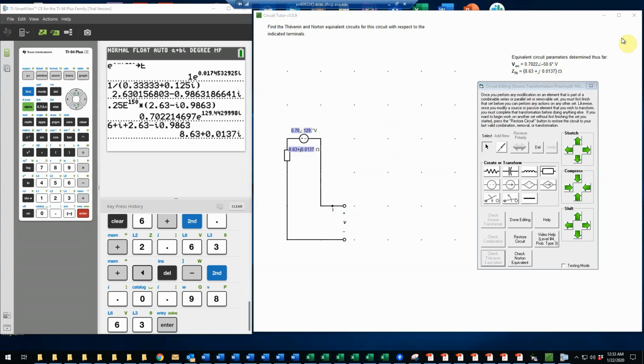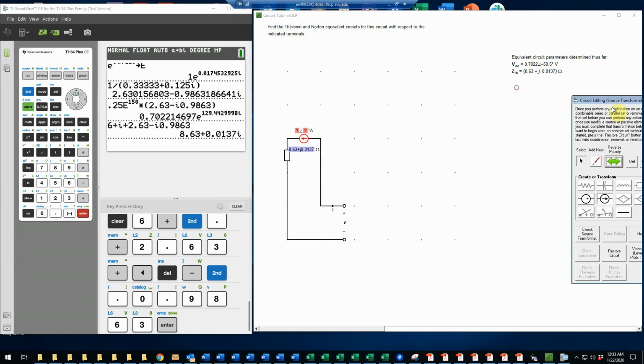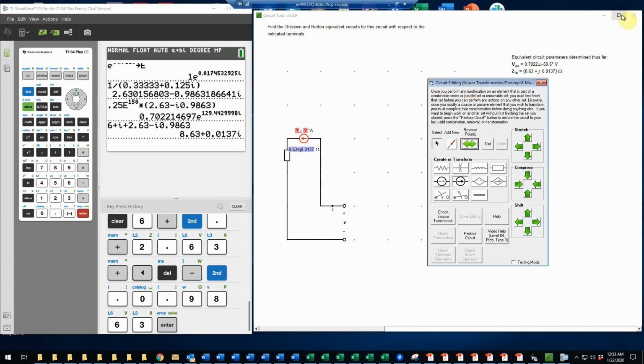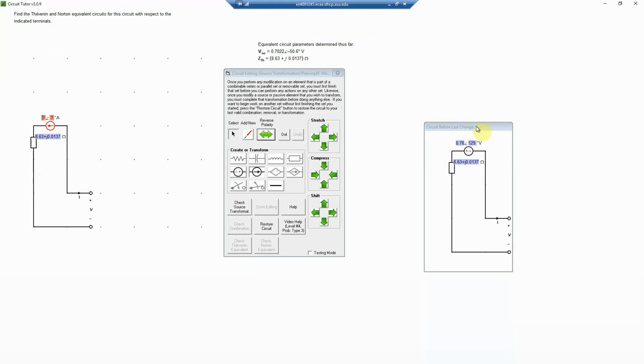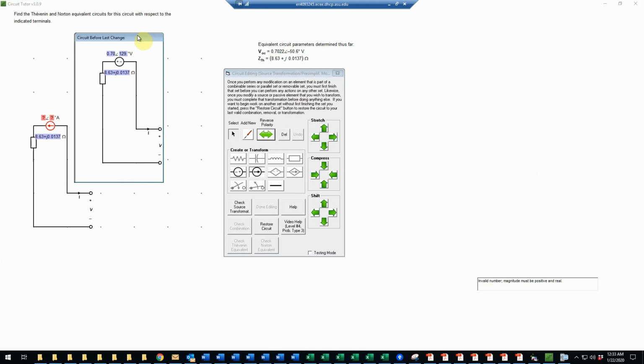Okay, so now it wants us to do the last transformation, which is one more source transformation. So I could just change this to a current source now. And it does have the head where the other one used to be.